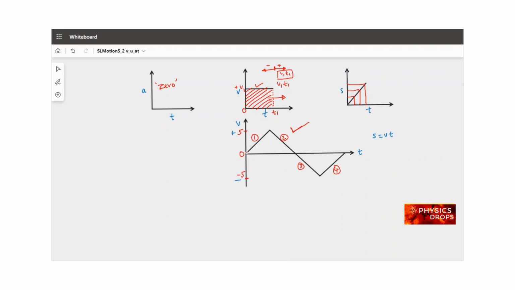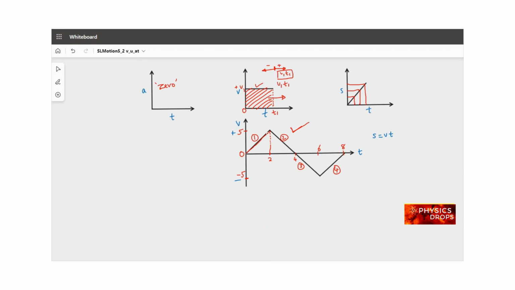Phase 1, that is the line with this positive slope. What is actually happening here? And let's mark the time intervals here as 2 seconds, 4 seconds, 6 seconds, and 8 seconds. What actually happens till 2 seconds is the object is accelerating uniformly, which is why velocity is increasing constantly, steadily.